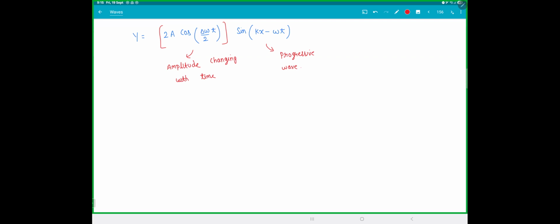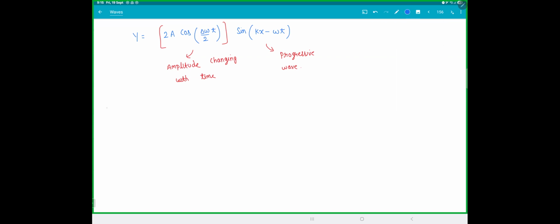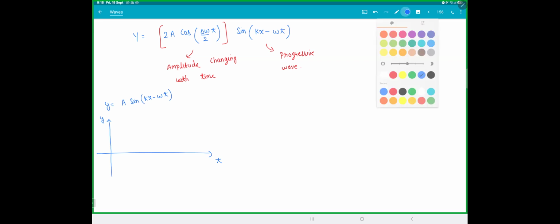So how does this look like? Let me try to put a waveform for this. I think that will be a better thing. So if I just try to draw a regular equation, y is equal to a sine(kx minus omega t), and let's say you're plotting the y-t graph. For a given x coordinate, you're plotting how y is changing with t.